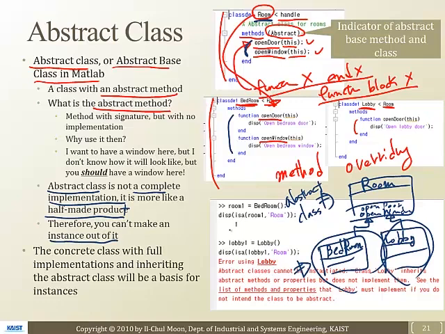Like this, you can create a bedroom here because you implemented all the abstract methods, but you can't instantiate the lobby because it misses the open window method overriding, right? So you have to override this open window in the lobby class to instantiate it.